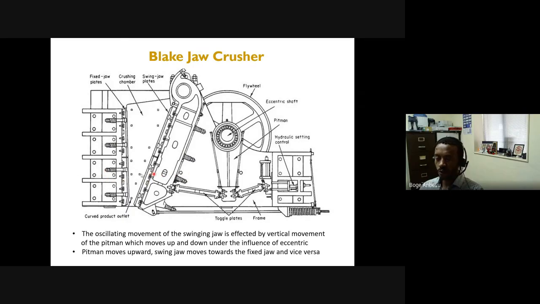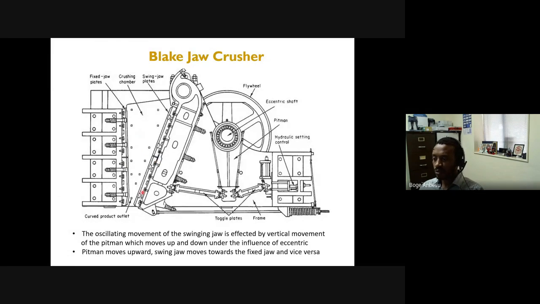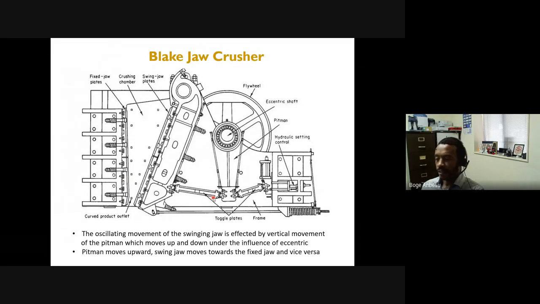As the rock comes, it is smashed against the fixed jaw, and the rock fractures. Because the movable jaw moves away and towards the fixed jaw, once it moves a bit further away, the rock falls, and when it comes back, the rock will be smashed. That's how a double toggle blade crusher operates.